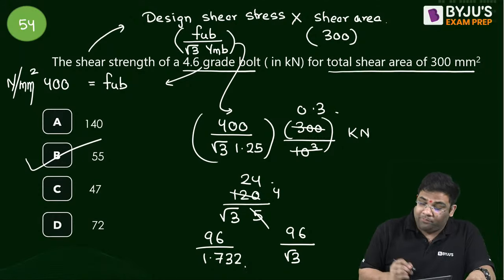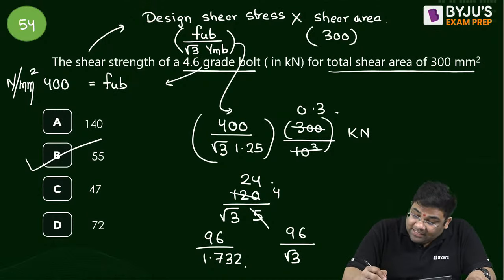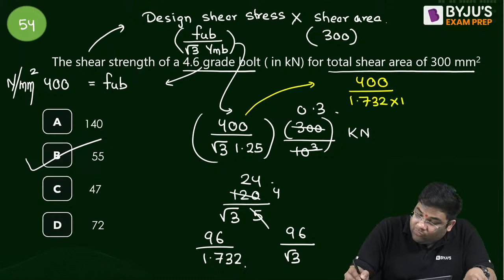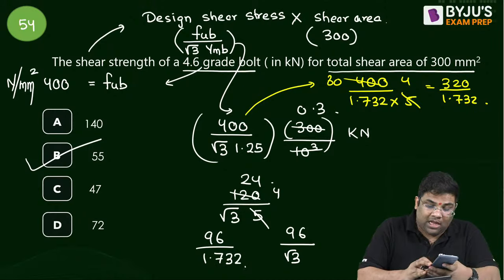Yes. Now, sometimes they ask you the design shear stress of a bolt. The design shear stress will be this one, right? If they ask this one, this will be what? 400 by root 3, 1.732 into 1.25. This also you can do, the calculation 5 by 4. So I can say this will be 80. So it will be 320 by 1.732. Now this calculation also you can do without a calculator. I am using it here for saving time, but you can do it without also.